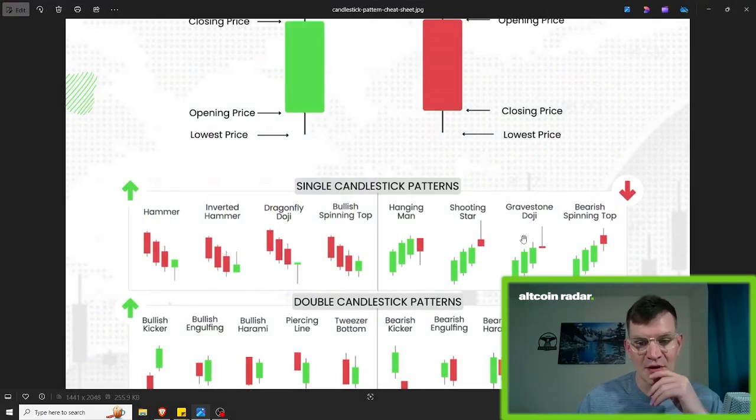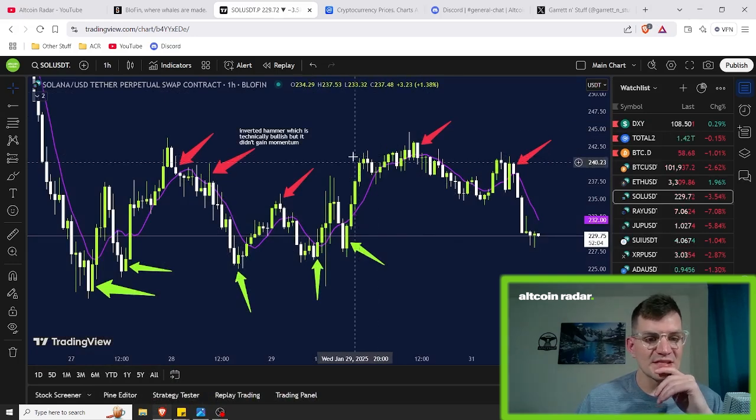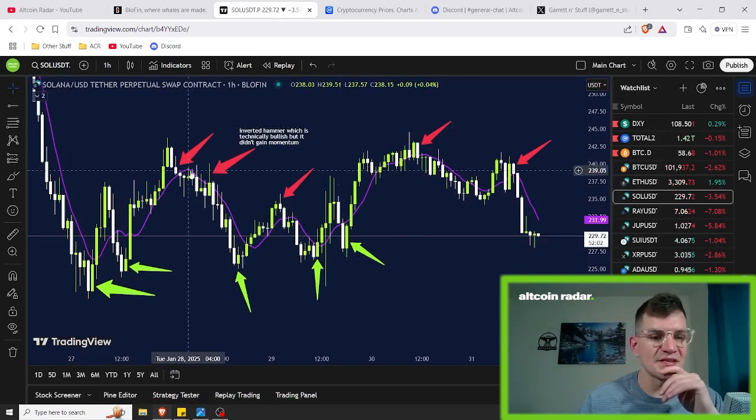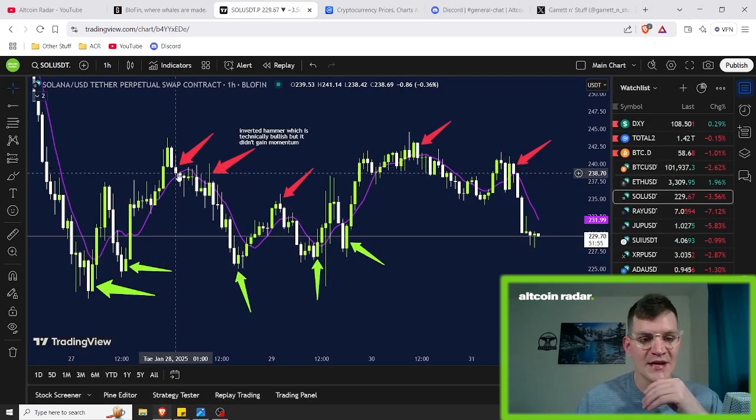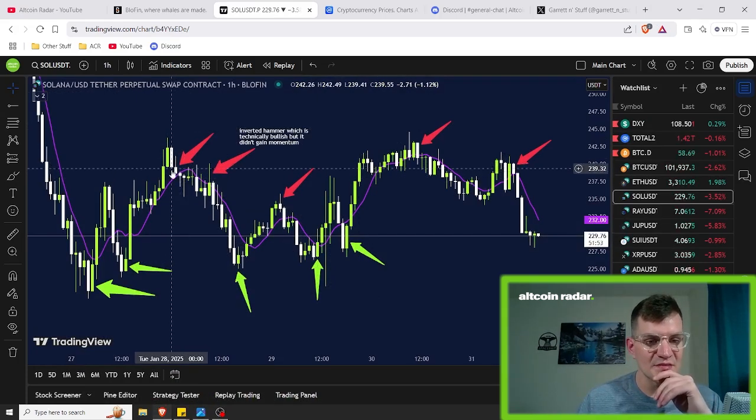The shooting star candle is a long wick at the top with a small body at the bottom. That's pointing to the downside, and that's clearly what you can see going on here, okay? So you can look for downtrends or potential upcoming downtrends just by looking for these types of candle patterns, okay?